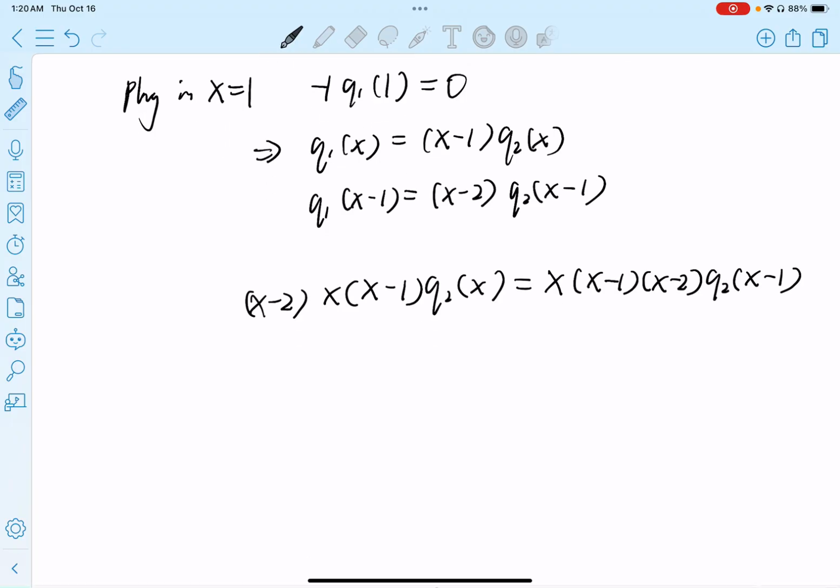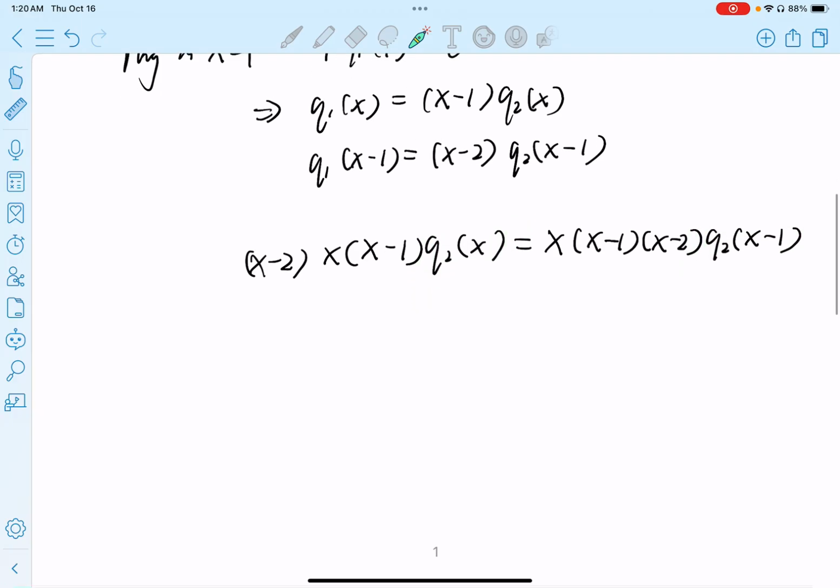The crucial fact you need to notice is that these parts on both sides are identical. The only difference is that this is q2 of x and this is q2 of x minus 1.